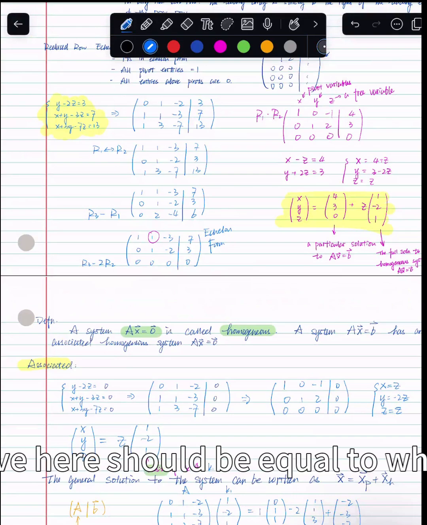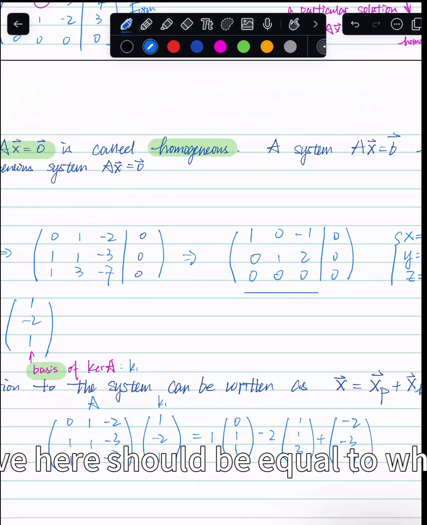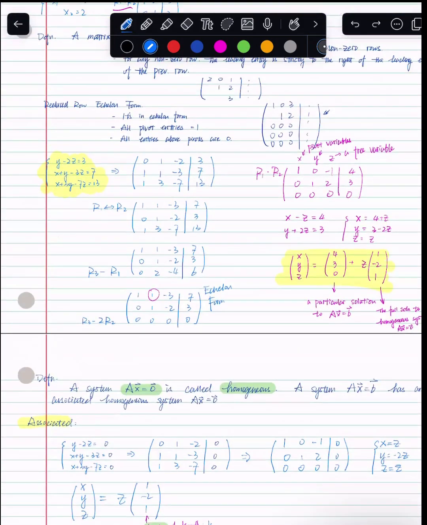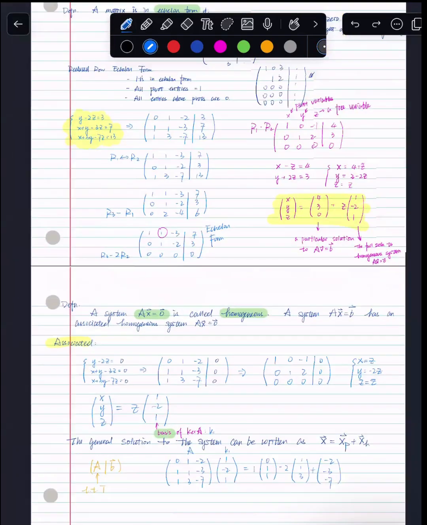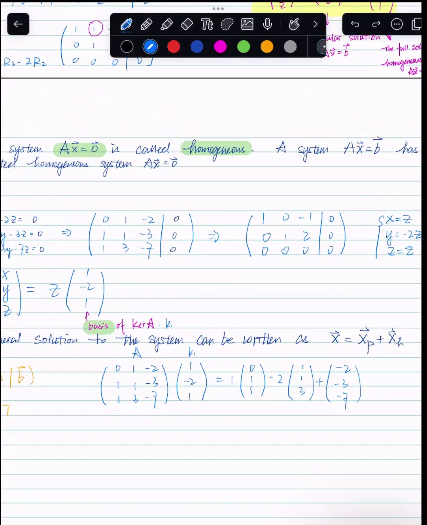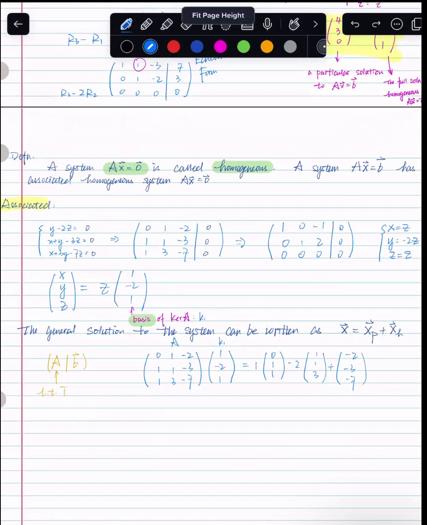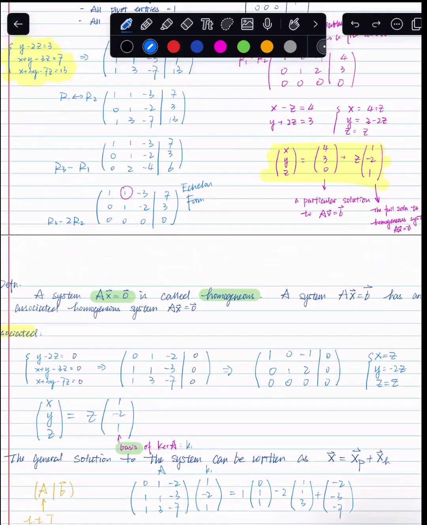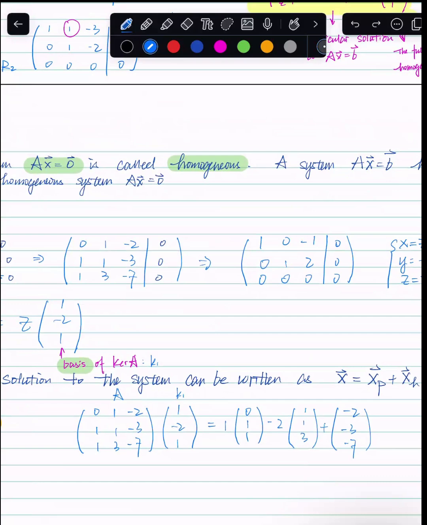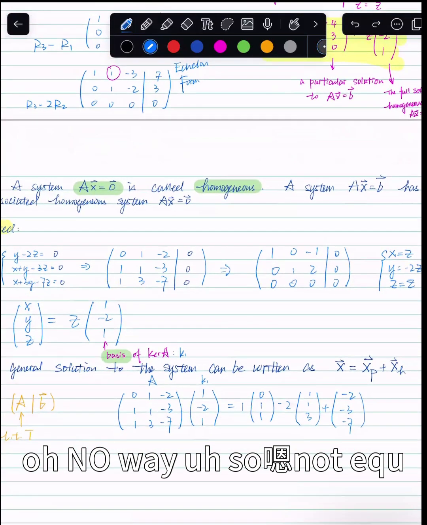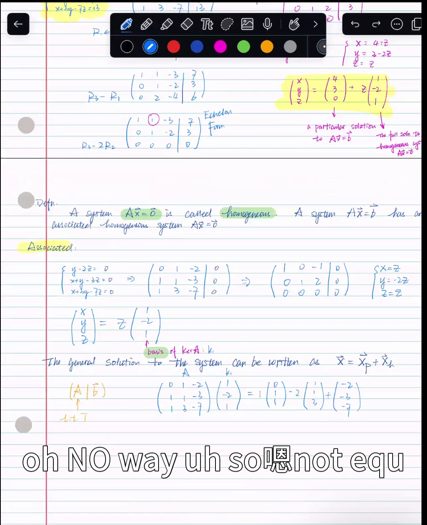Because what I have here should be equal to what I have here. Not equal.